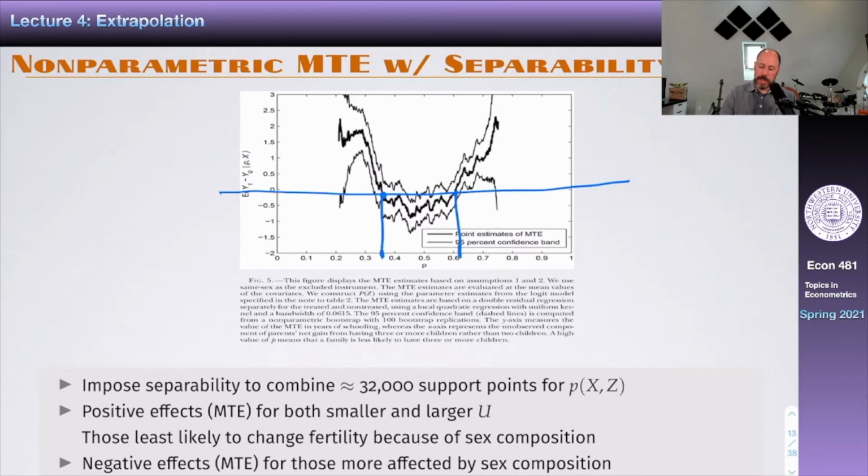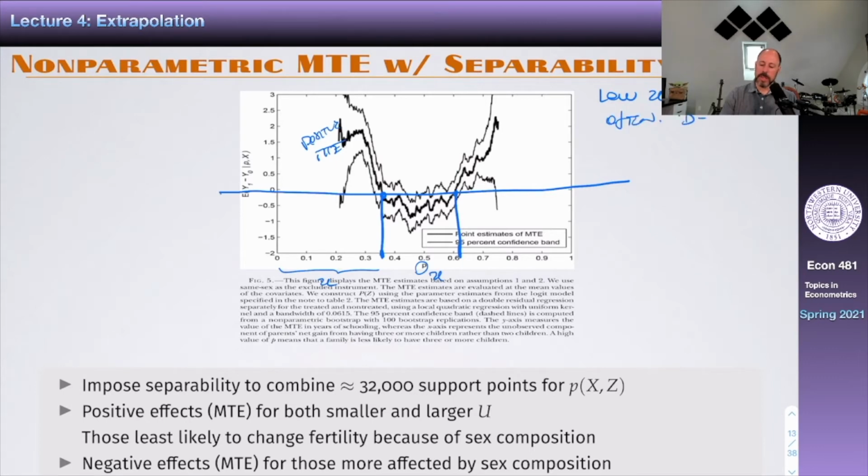And then remember, this P here is, you can say, our U, right? And so what you say is that people that have low values of U, okay, have a positive MTE. And remember, low U is D equal to 1 often.